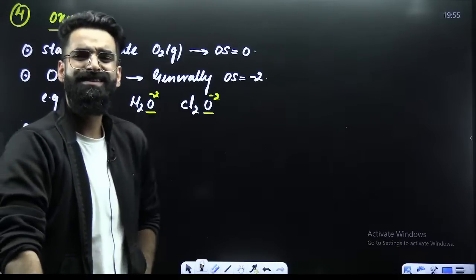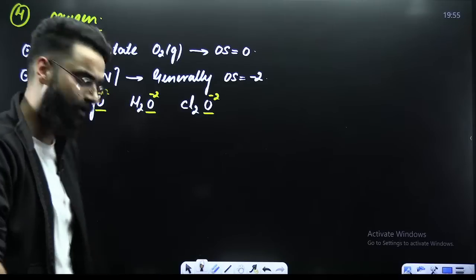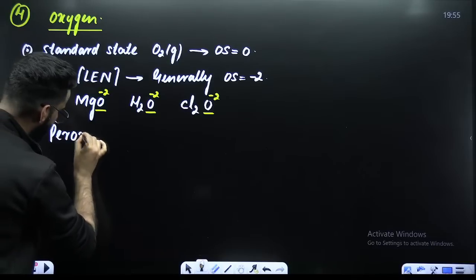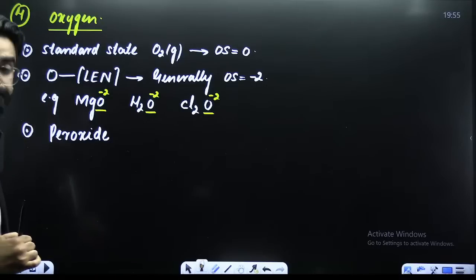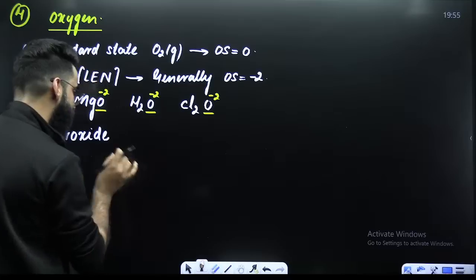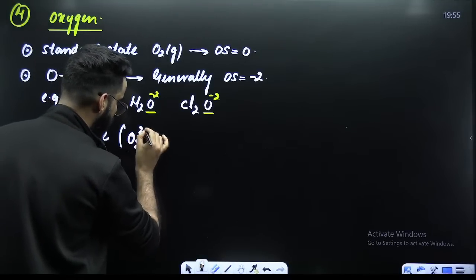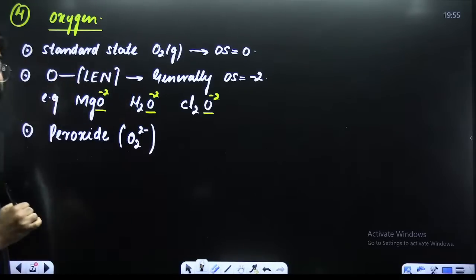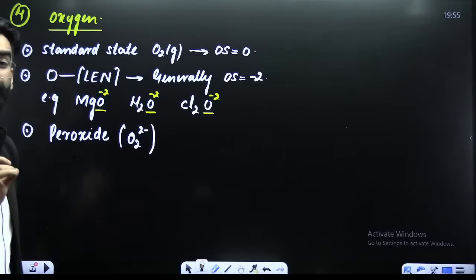Oxygen forms certain special compounds, out of which the first one which I'm talking about is peroxide. Oxygen forms peroxides. Okay. What is peroxide? My dear students, whenever you see oxygen present in this form, O2 dinegative form, understand and remember, oxygen has formed a peroxide.